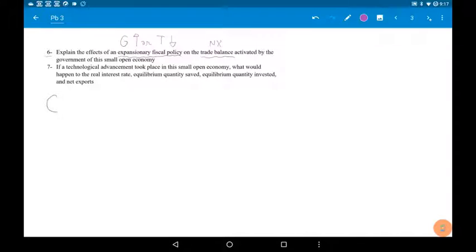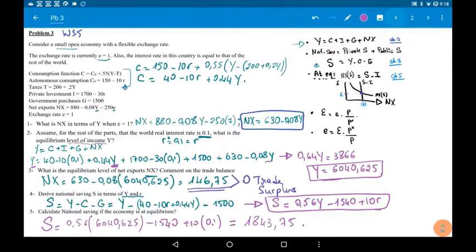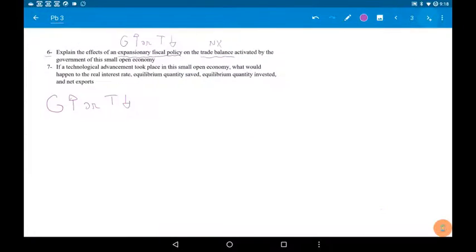Expansionary fiscal policy means government expenditures increase or taxes decrease. When G increases or T decreases, this will have an effect on the savings. If G increases, savings decrease.